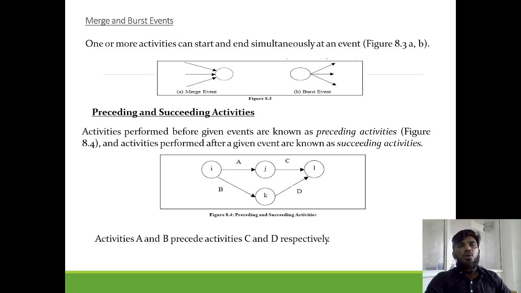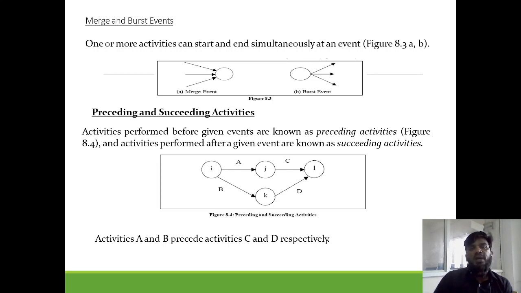Information about the activity. Next, merging and burst events. An event is the completion of a task or the starting of a task. The starting of a task may have three inputs. For example, if you are going to start for college, there are n number of factors on which your starting depends, such as the completion of your breakfast or catching a bus.